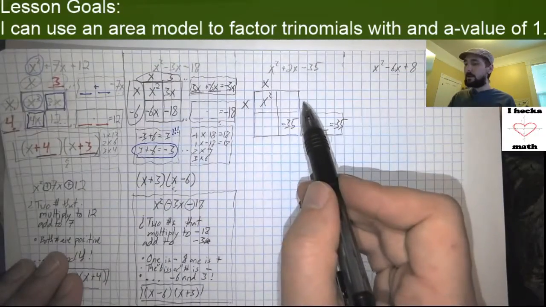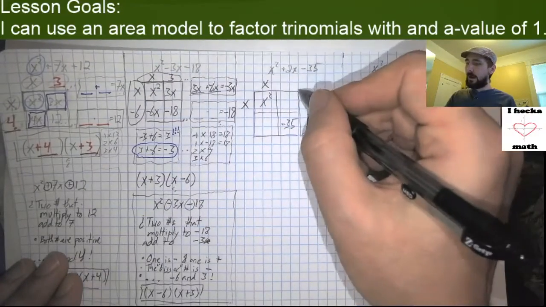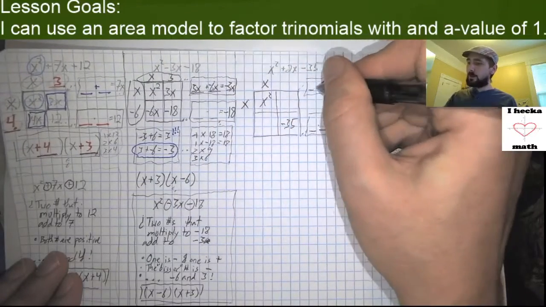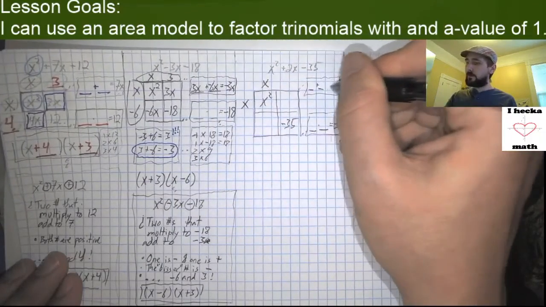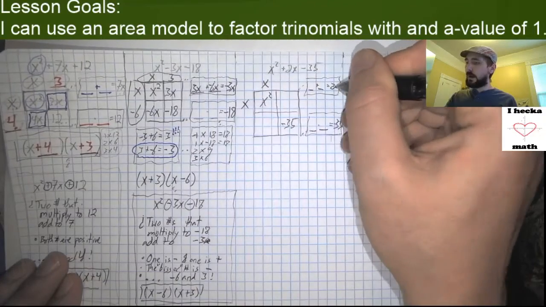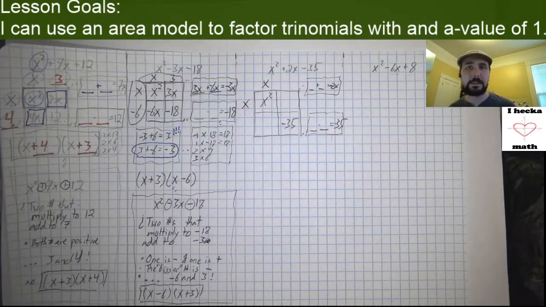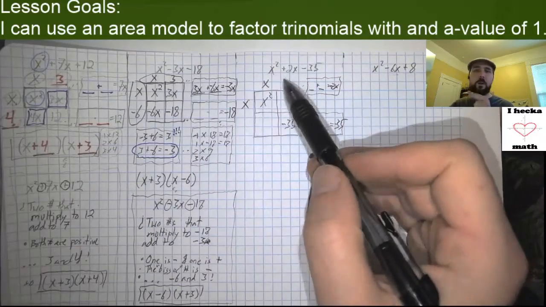And then here, I know that I need to think of two things that add to a total of positive 2x. Well, negative 35 is actually a little easy because 35 is either 1 and 35, which aren't going to combine to be 2, or 5 and 7.